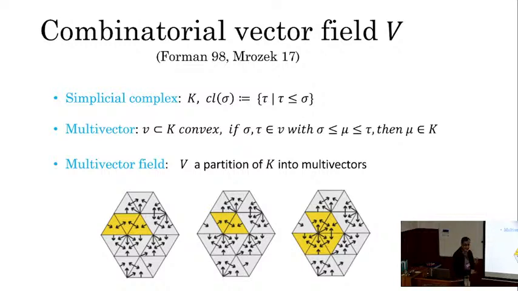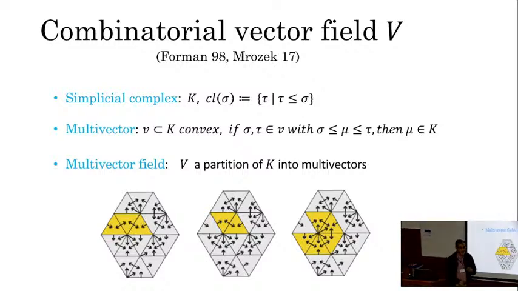A multivector V is a subset of simplices. The only condition is that if sigma and tau belong to V, then all the faces in between sigma and tau by the face relation have to be also in the same multivector. So it's convex with respect to the face relation, or if you think about the face poset of the simplicial complex, it is convex with respect to the face poset.